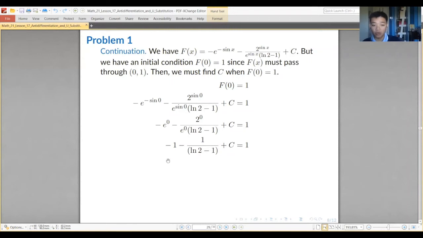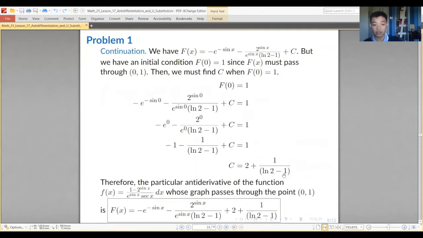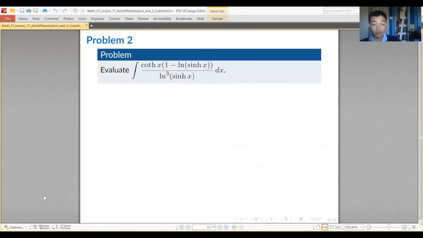And then if you move both of these constants to the right side, you get that c is equal to 2 plus 1 over quantity, the natural logarithm of 2 minus 1. Thus, this is our particular antiderivative for small f of x. Next, let's move on to this next problem. So we want to evaluate this antiderivative.